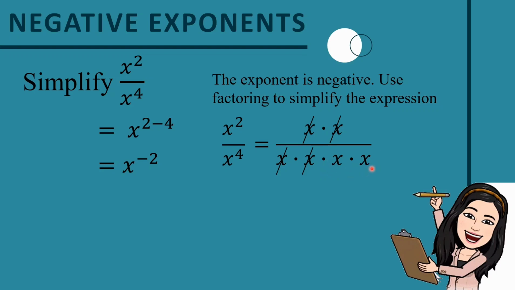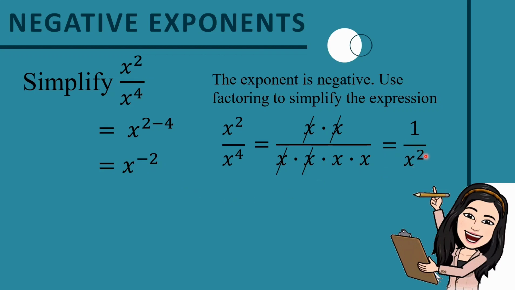So, tama ba? Okay. Since parehas naman ang ating expression na sinimplify in two different methods, this means that x raised to the negative 2 is also equivalent to 1 over x squared. So, dito wala na tayong negative exponent. Dito, meron tayong negative exponent.